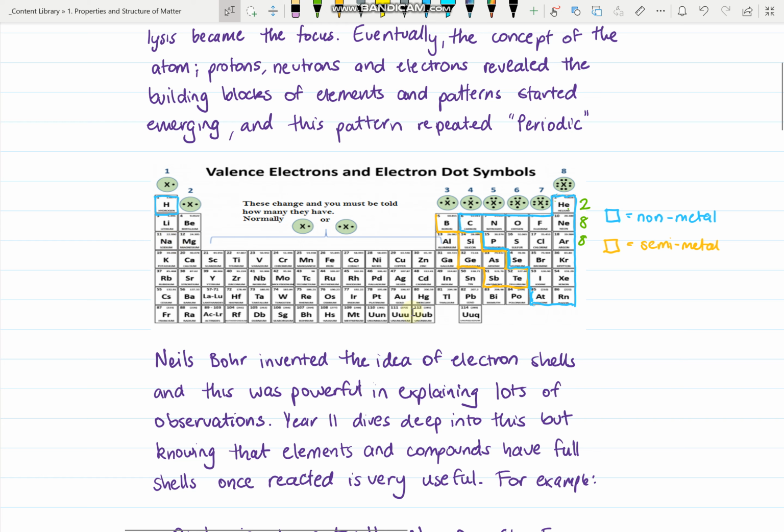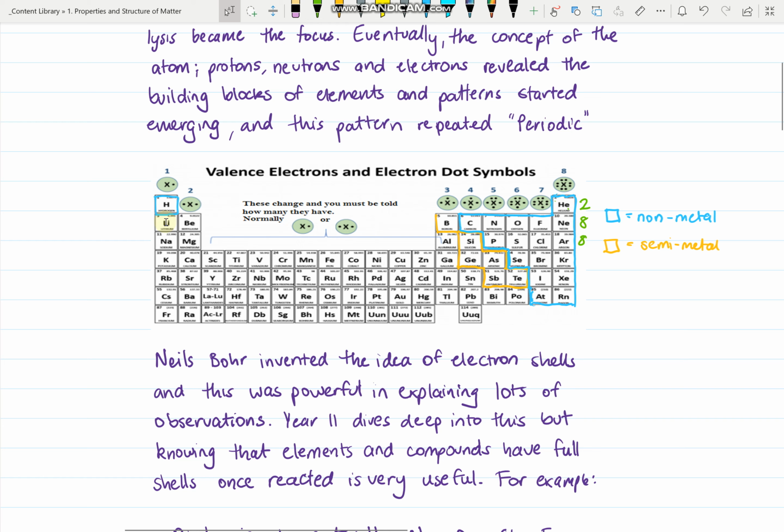I'm not going to dive too deep into that, but if you could firstly just try to grasp what Niels Bohr did. He kind of knew this periodic table worked and invented the idea of electron shells. So he said, the reason why everything works is because in the first shell, the first row of the periodic table, there can be 2 electrons.